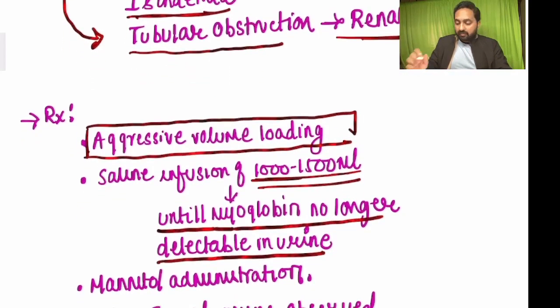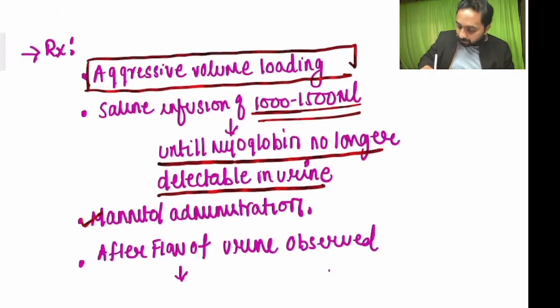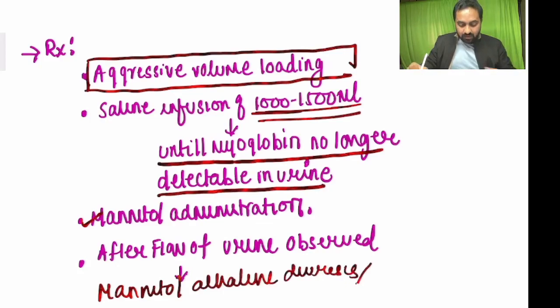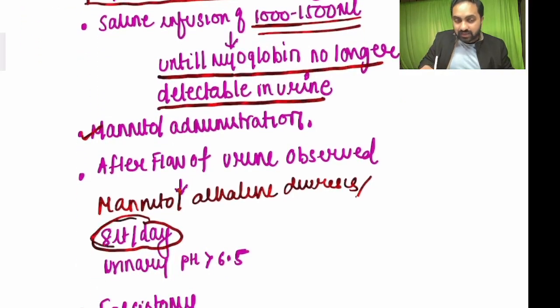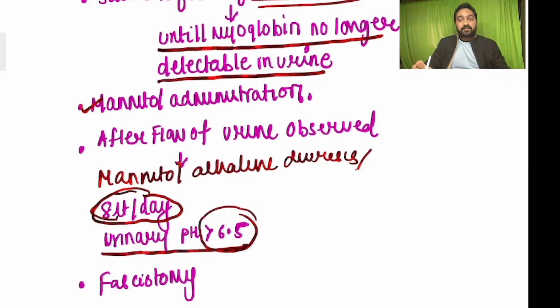Then we have mannitol administration, which is helpful, and after the flow of urine has been observed, alkaline diuresis, where a urine output of 8 liters per day and a urinary pH of more than 6.5 is maintained, right?